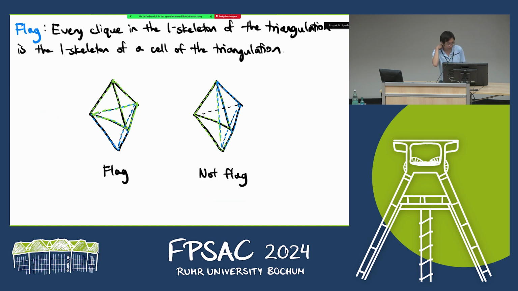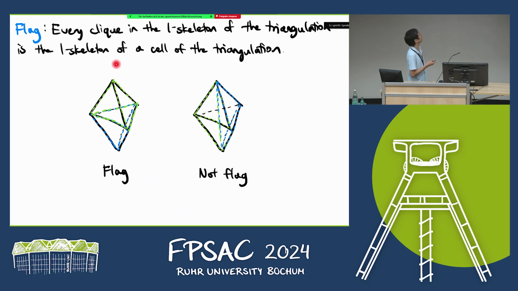And then this property flag says that every clique in the one skeleton of the triangulation is the one skeleton of a cell of the triangulation. Okay, so I tried to draw these pictures. They worked better in my head than they ended up.